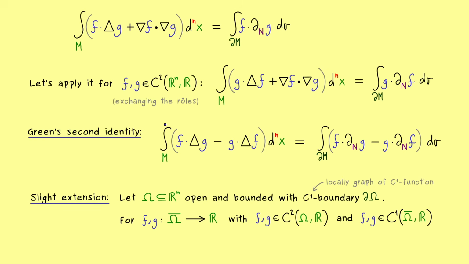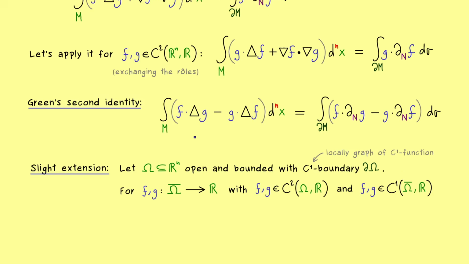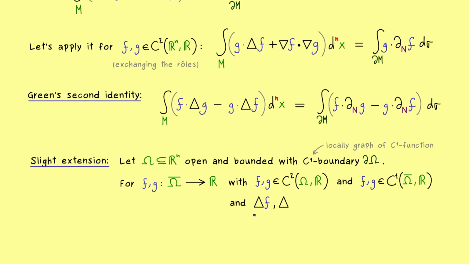However, the left hand side only makes sense if this function is still integrable over omega. So we claim that the Laplacian of f and the Laplacian of g are still integrable functions. In other words, it's allowed that the second order partial derivatives explode at the boundary, but we still need the integrability. Hence, with this additional piece of information, we still have that the left hand side is well defined.